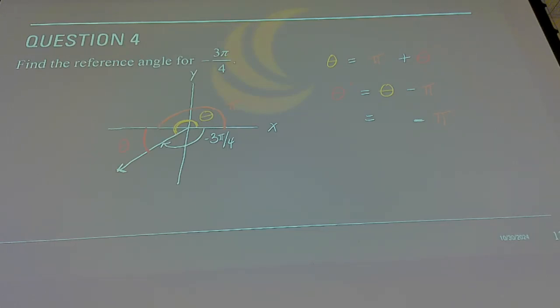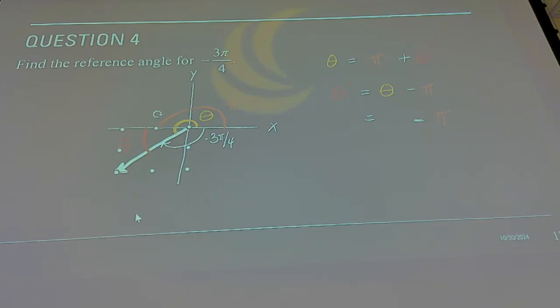What would you do with that ray? Which direction? Counterclockwise, right? Clockwise would be going that way, which is the negative direction. You want to go the positive direction.